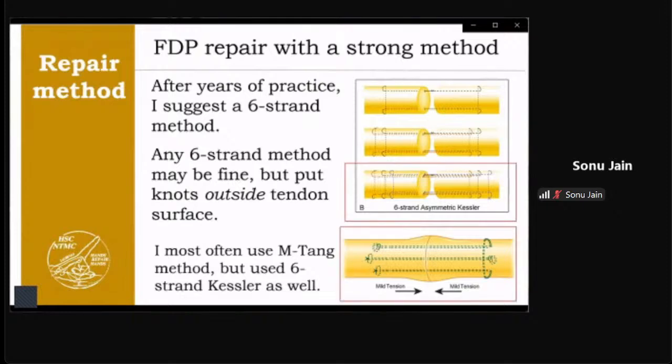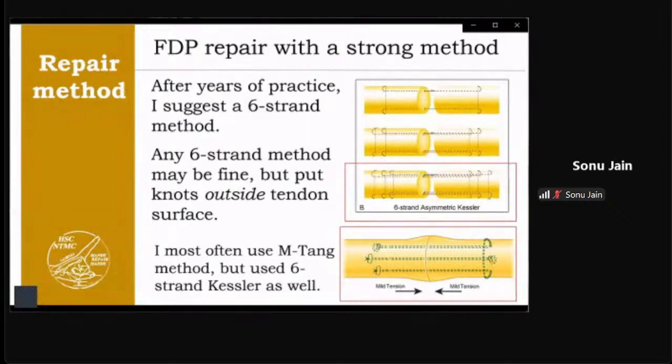About surgical repair method, I always suggest the 6-strand repair. With years of practice, I would suggest our colleagues upgrade any 4-strand repair to a 6-strand repair, because with only an addition of 5 to 10 minutes, you will get much safer early active motion.